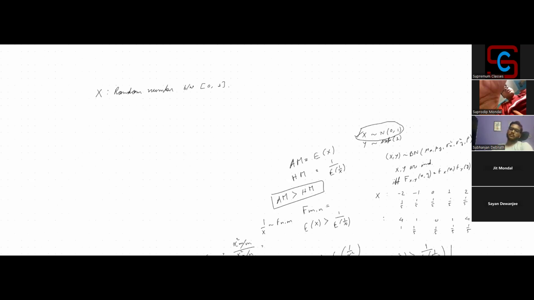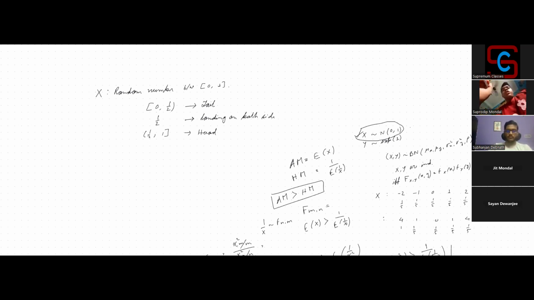So I can say that 0 to half is equivalent to getting a tail, getting exactly half is equivalent to landing on its edge, and half to one is head. Is that what you are talking about?